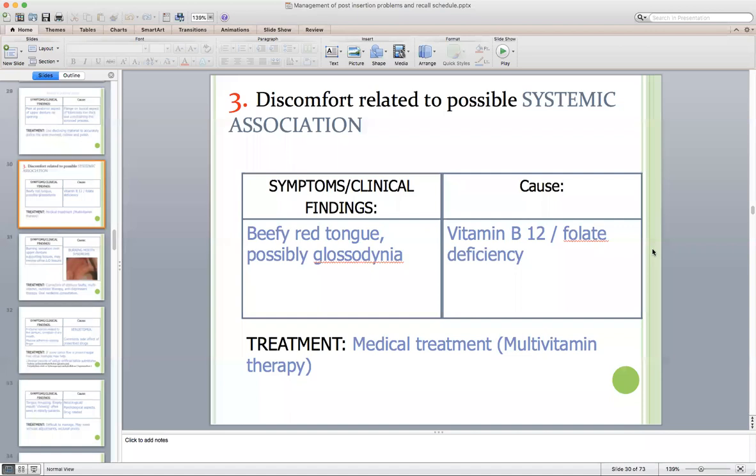What can the issues be? There can be a beefy red tongue or possibly glossodynia, because of vitamin B12 or folate deficiencies. If a beefy red tongue is found in a denture patient, medical treatment and referral of the patient to the concerned physician should be done, and the patient should be put on multivitamin therapy as well as regular follow-up checkups.